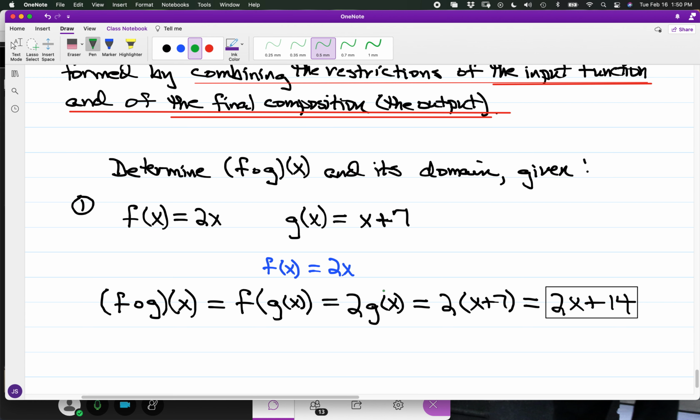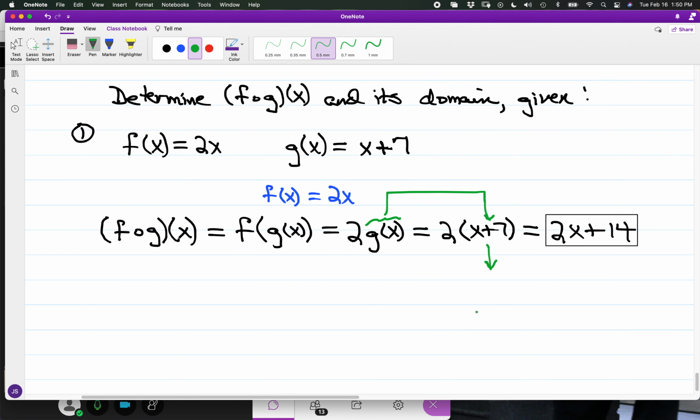Now again, we had for g of x, your input, g of x is equal to x plus 7, has no restrictions, and at the same time, the output, which we have as 2x plus 14, that is the composition itself.